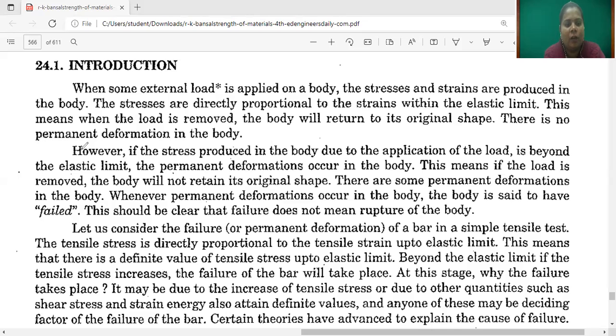Whenever permanent deformations occur in the body, the body is said to have failed.